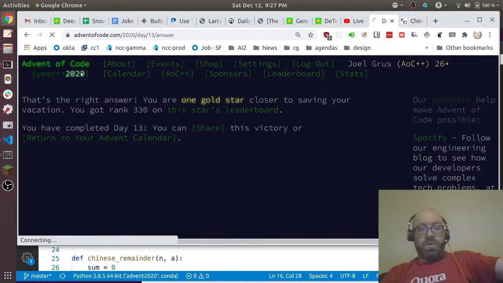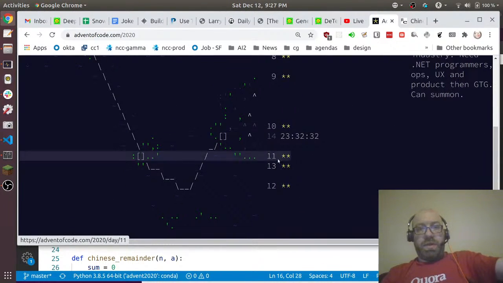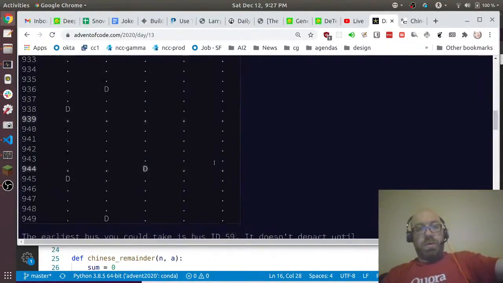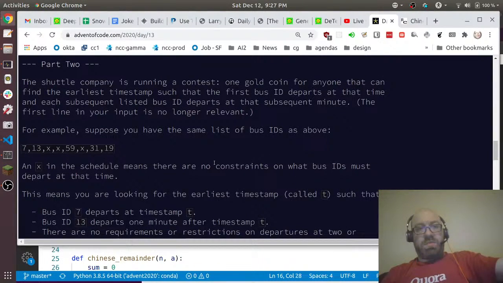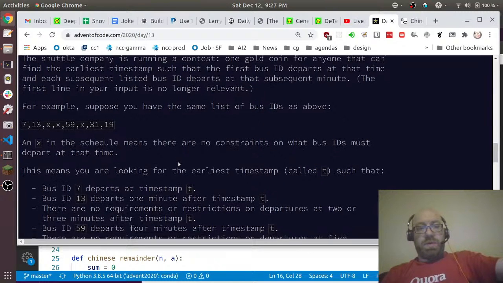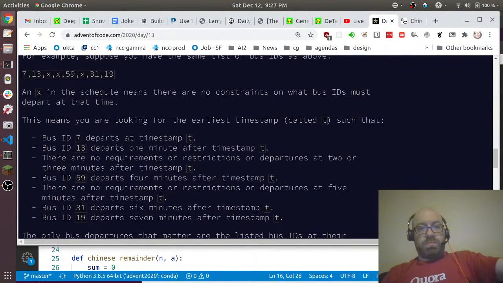In part 2, and I'll be clear, I don't like this problem, because if you don't know what I knew, it's probably an impossible problem. What I said was, bus 7 departs at timestamp t, so t mod 7 is 0.